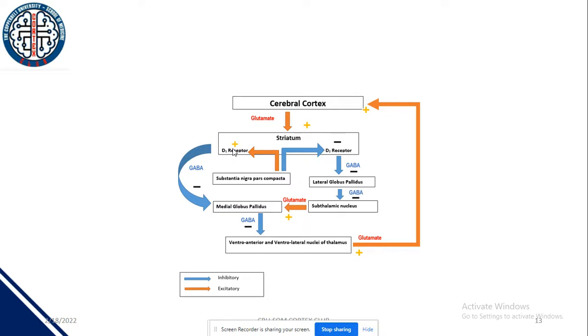Activating the D1 receptor means we are more likely to excite the striatum, and that will lead us to the direct pathway. But exciting the D2 receptor, which is an inhibitory receptor, is going to cause inhibitory actions. As a result, we're going to have an indirect pathway which leads to inhibition of the cerebral cortex.